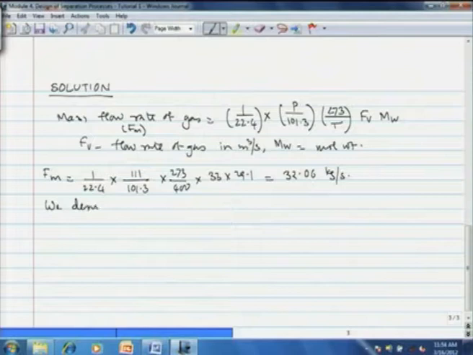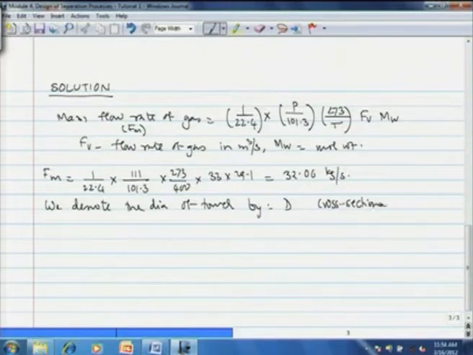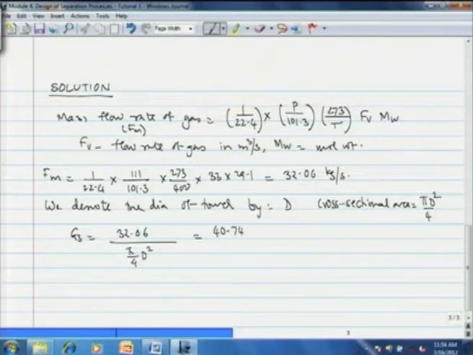We denote the diameter of the tower by letter capital D. So the cross sectional area is pi d square by 4, and then GS becomes 32.06 divided by pi by 4 d square, or after simplification this becomes 40.744 by d square kg per meter square per second.